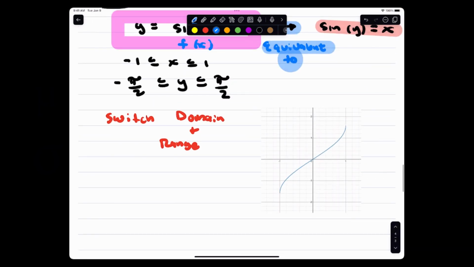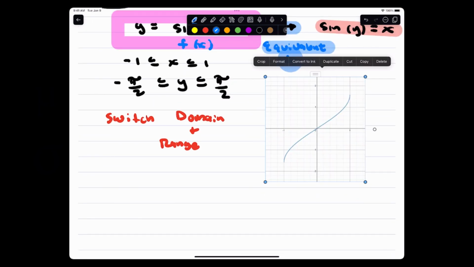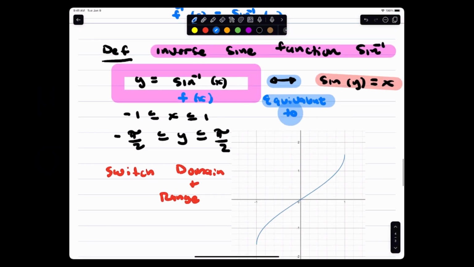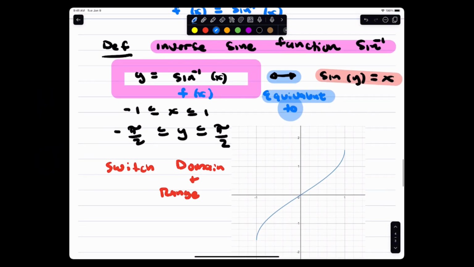I'll put it here maybe, see if it comes out. Yeah, I guess we'll leave it like this for you guys. And this is, ladies and gentlemen, the graph of your inverse sine curve, but this is where it comes from.